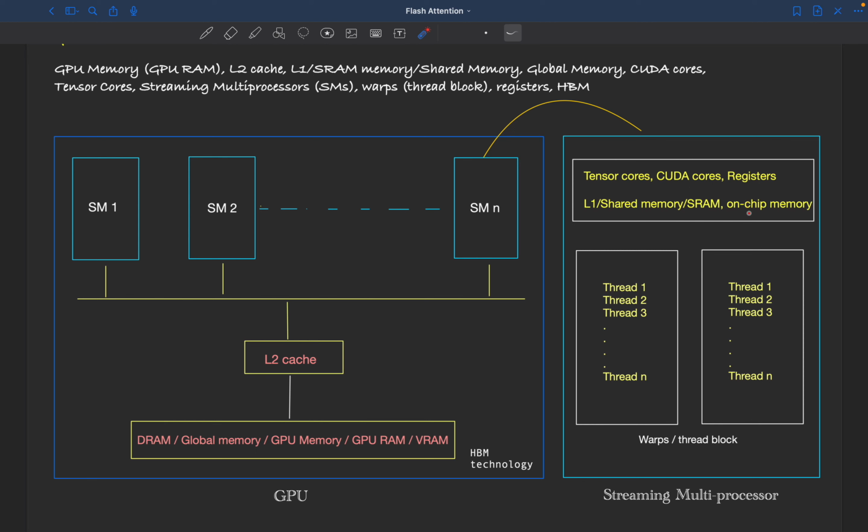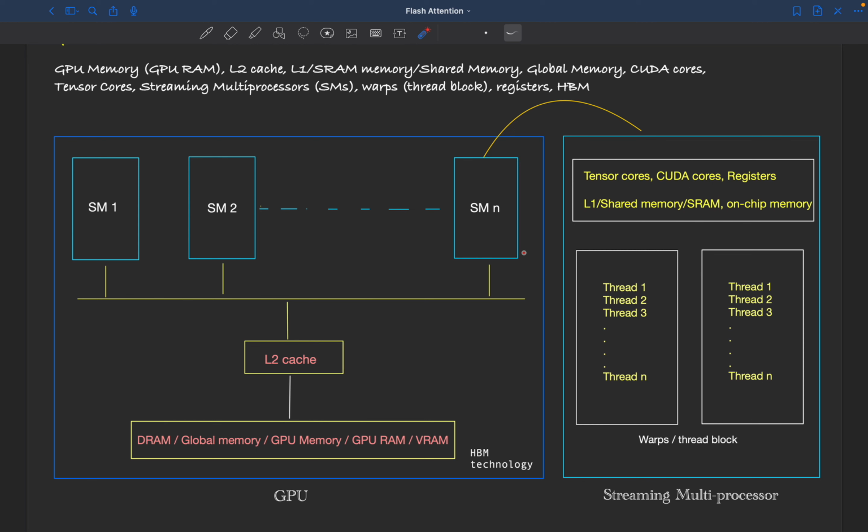And these are all called on-chip memory because physically these are the memories which are much closer to the overall streaming processor itself, right? And each of the streaming processors, I was talking about, we have n streaming processors here. In NVIDIA A100 we have 108 processors.